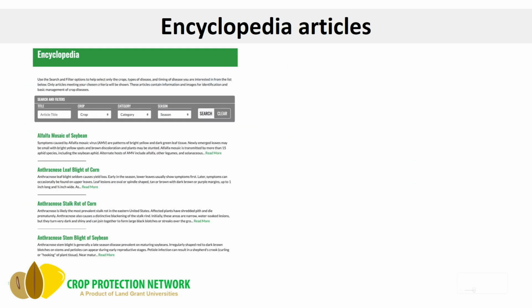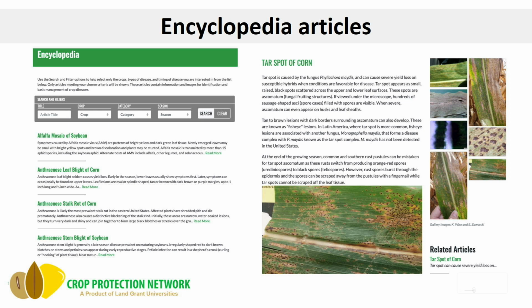A second one is Encyclopedia Articles. This is general background information, and this is just an example. I'm using tar spot of corn, but it's an image gallery, and it's a really big overview of tar spot. There's not a lot of in-depth information within these encyclopedia articles, but you can find this information.